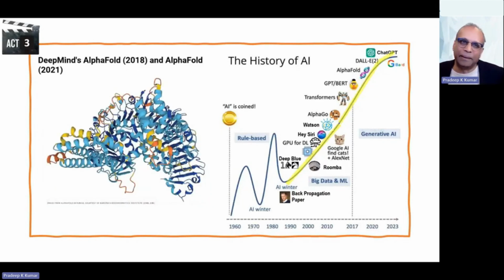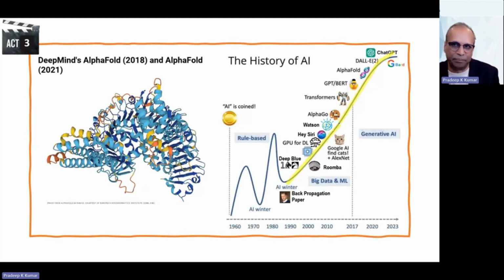DeepMind also came up with what's called AlphaFold. The human body has over 200 million proteins consisting of 20 different types of amino acids, and understanding protein folding has a huge implication on how diseases spread and finding new drugs. Traditional methods such as X-ray crystallography and NMR would take months to determine the 3D structure of a protein.